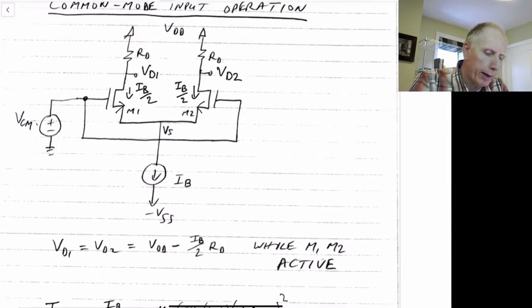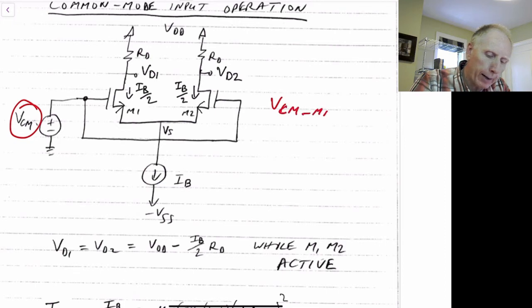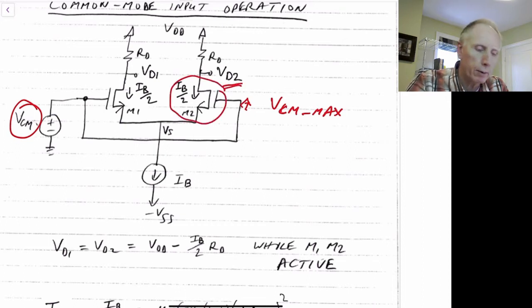The next thing we'd like to find is how high can we make VCM here. So we'd like to find VCM max. Well, the maximum we can go for this circuit and still make sure that all transistors remain in the active region is this: as we increase the voltage on the gate of M2, if it goes more than one threshold above VD2, then M2 will go into the triode region.